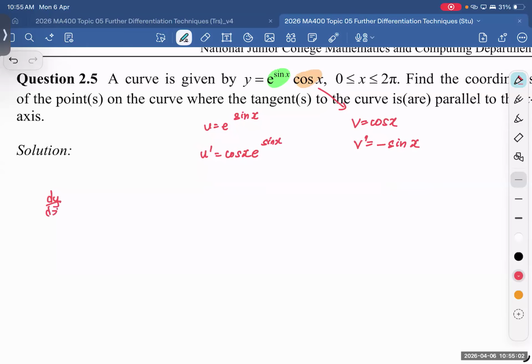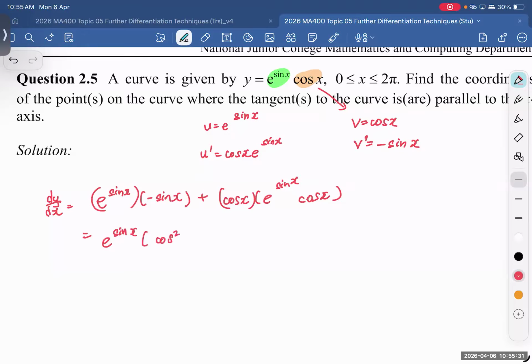So this is U. Sorry, one second. So you have e power sine x multiplied by V prime, plus cosine x multiplied by U prime. What do you get? Factorizing e power sine x out, it is just cos square x minus sine x.